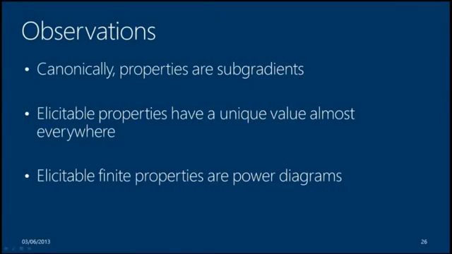And you can observe a number of interesting and useful things from this characterization. One thing that follows immediately is that convex functions are differentiable almost everywhere, and our characterization says that canonically asking people for a property means you're asking them to pick a subgradient for you.